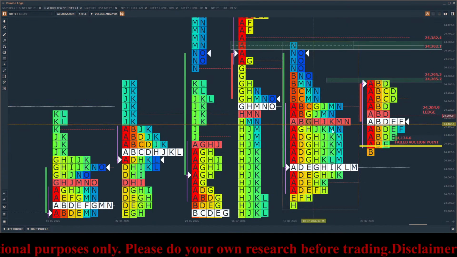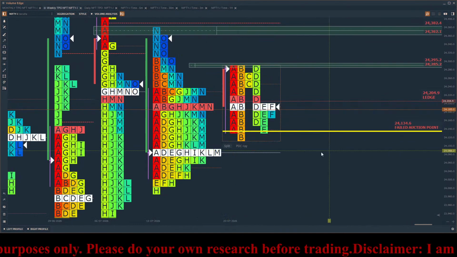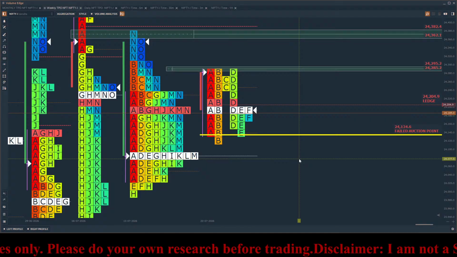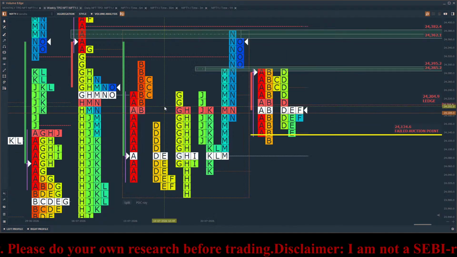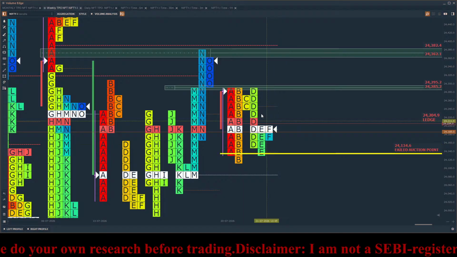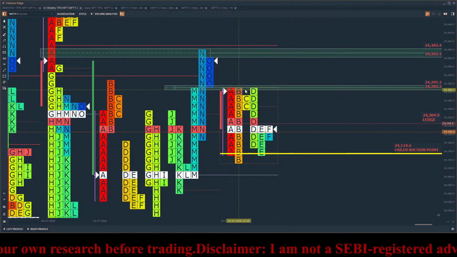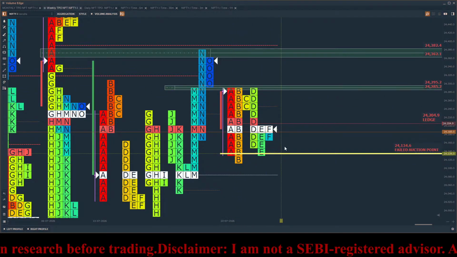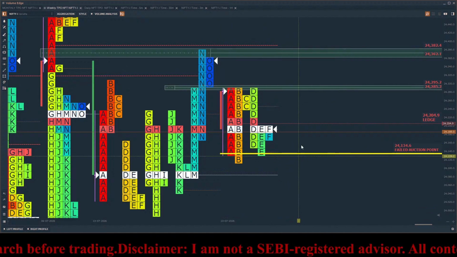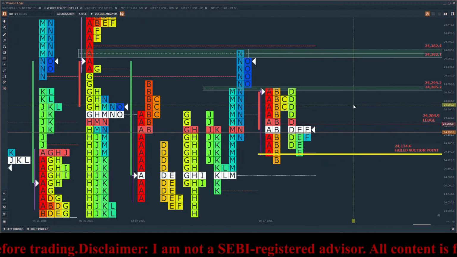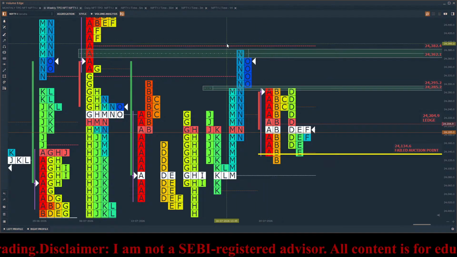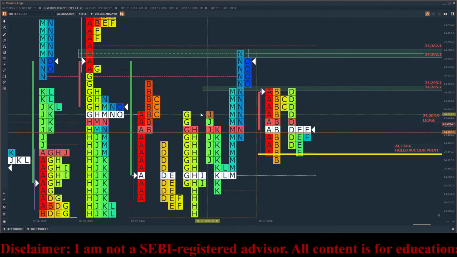Then if you come to the weekly, what nuances are we going to get from the market? You see the same levels here. See how much compression has happened in the last 2 days. Then it gave an outside move, but again it will be the same.